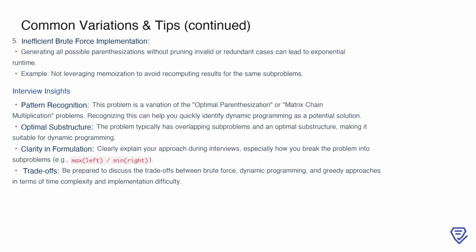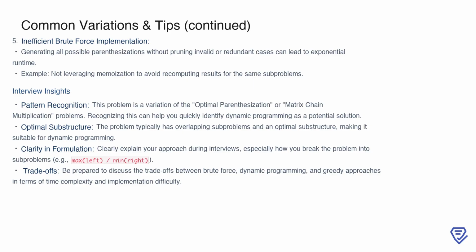From an interview perspective, there are key insights to keep in mind. This problem is closely related to the optimal parenthesization or matrix chain multiplication problems. Recognizing this pattern can help you identify dynamic programming as a likely solution. The problem also exhibits overlapping subproblems and optimal substructure, which make it well-suited for dynamic programming techniques.